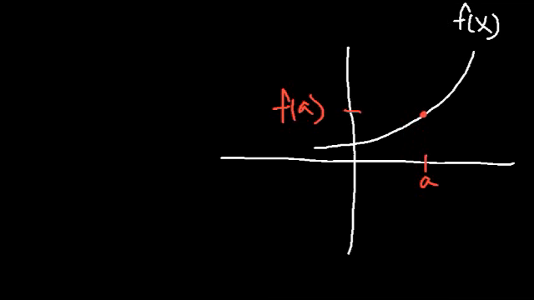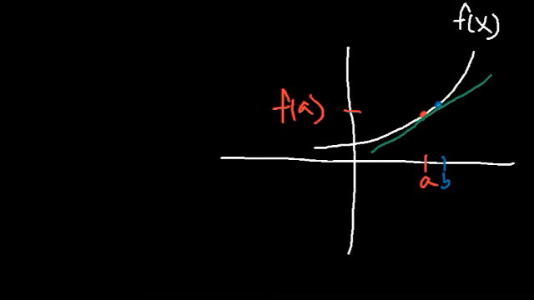The linearization is basically the tangent line function at that point. So as you can see, if you want to estimate, let's say, f of b, you can use the tangent line to find f of b, because the tangent line is very close to the function anywhere close to point a.